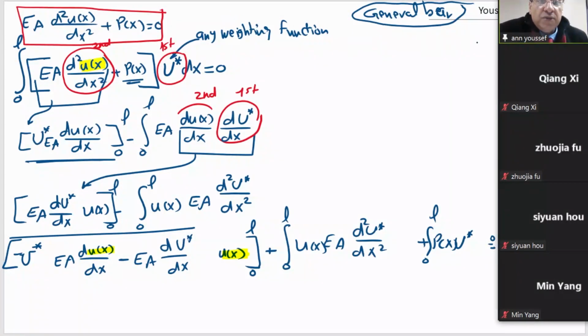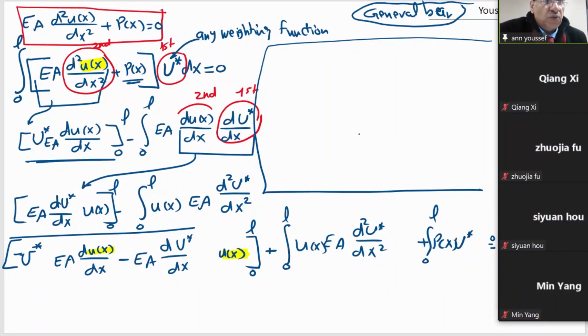Still, I can choose any function I want. I can choose u asterisk as any function I want. What I want to do now is choose u asterisk as a fundamental solution of this equation. I'm going to choose EA times d2u asterisk by dx squared equal to minus delta of x minus xi. As long as I put x minus xi, this one ought to be x minus xi.